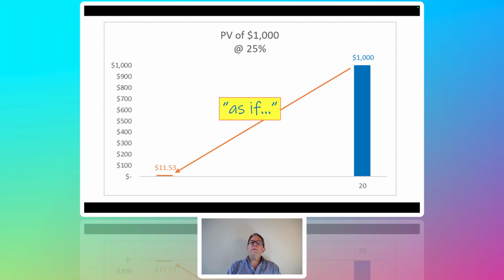And I think this is what investors effectively do collectively. Now, individual investors may or may not do it, but collectively, I think this is how the market works, is that at some period of time in the future, those future cash flows don't have much value to them because there's so much uncertainty. They're so far in the future. It's as if investors are putting a very high discount rate.